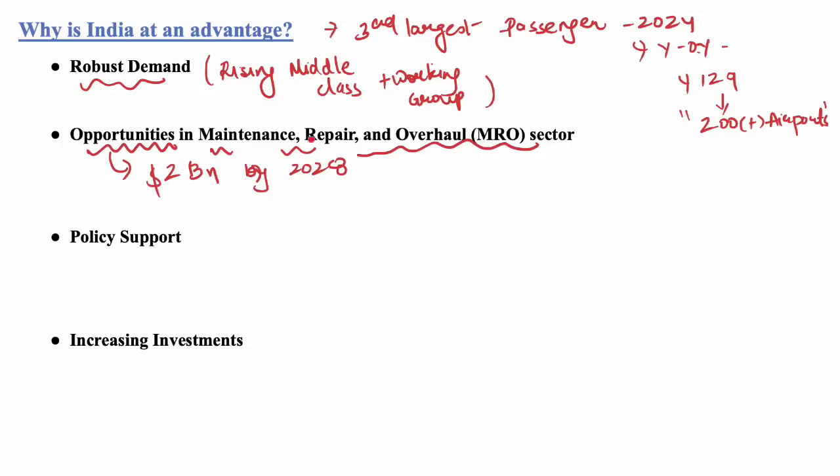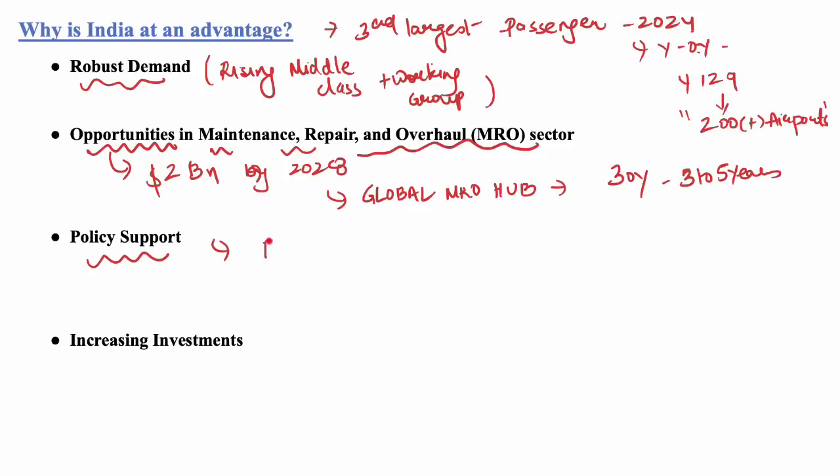And the government of India is also pushing for making India a global MRO hub and has also brought in changes in the land allotment for MRO facilities, wherein the land allotment period has been changed to 30 years from the current 3 to 5 years. The next thing that is favorable for the Indian airline industry is policy support.